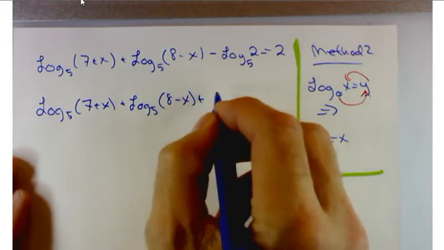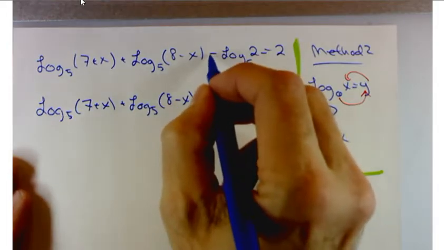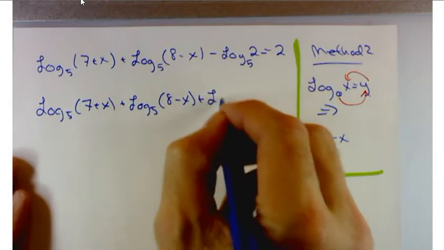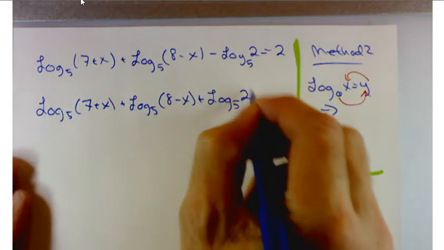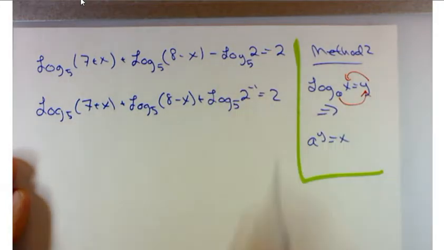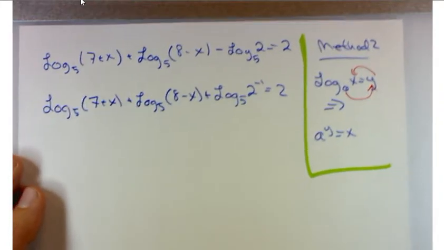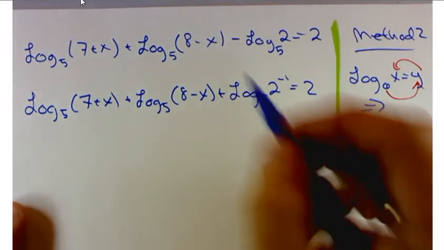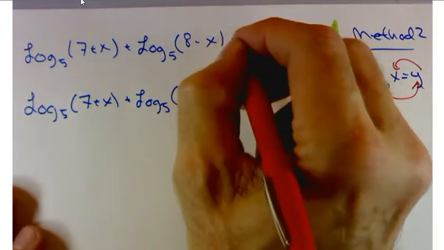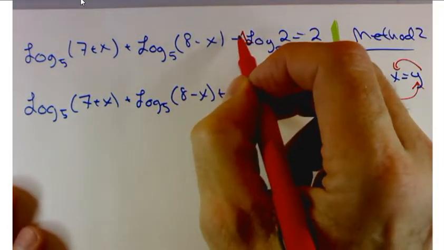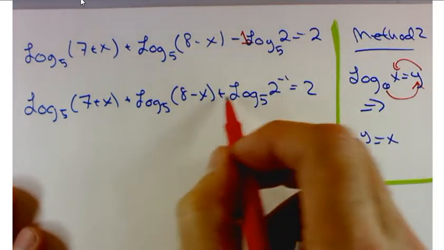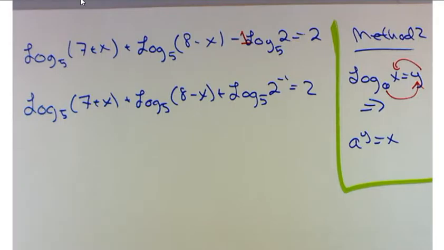I'm going to take this negative up into the exponent, using my properties of logs, basically the power rule. It's not really written, but it's understood that there's a negative 1 here. So I'll take that negative 1, put it up in the exponent, and that makes it positive here. The reason I did that is because now this is the sum of logarithmic terms.